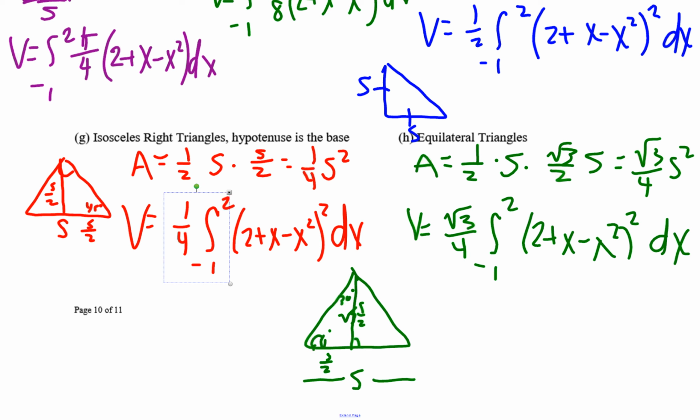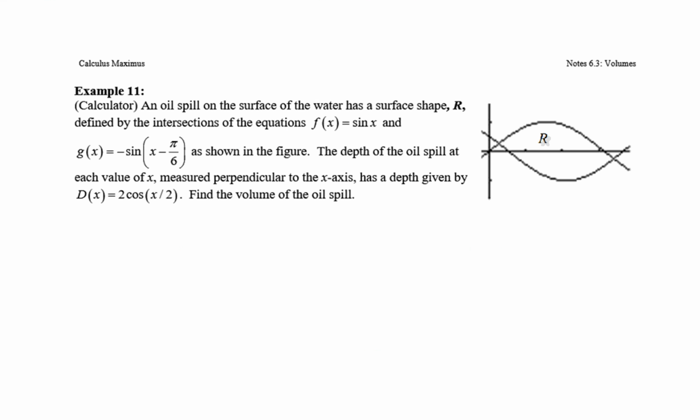So there we go. This is when we can figure out the area just by using geometry, and that helps us to get the volume. Okay, this time we're going to figure out the area a little bit differently. This is a calculator problem, so it'd probably be good to put these in your calculator. This is going to be my f of x function right here.